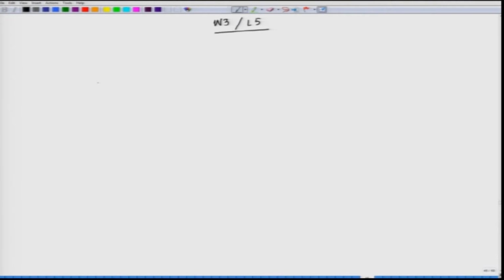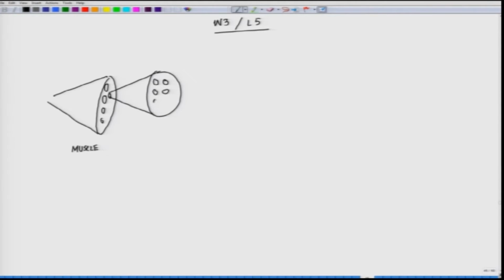So, in terms of the organizational level, this is where we are. This is what we call as muscle, this is how we should be able to remember. So, we pick up the fibers, the smaller unit of it, the individual fibers attaching together to form muscle, right.